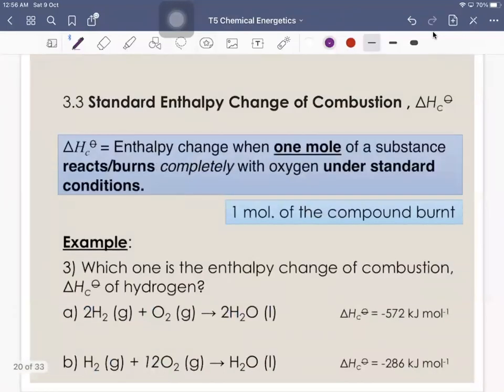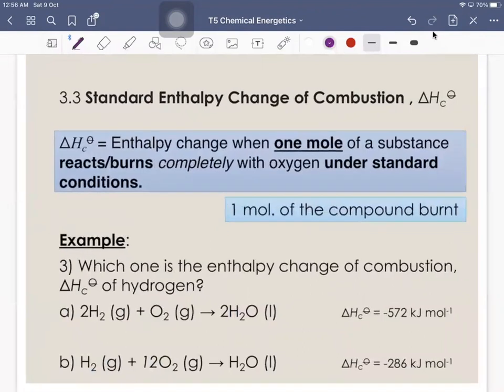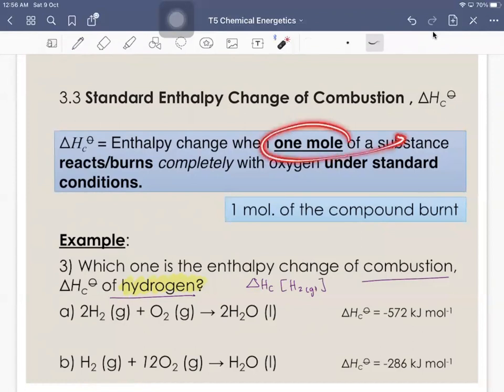Third question. Which one is the enthalpy change of combustion of hydrogen? So enthalpy change of combustion of hydrogen means we are burning hydrogen. So the correct symbol for this is delta Hc of H2 gas. When we burn hydrogen, hydrogen needs to be 1 mole. 1 mole of a substance that burns.